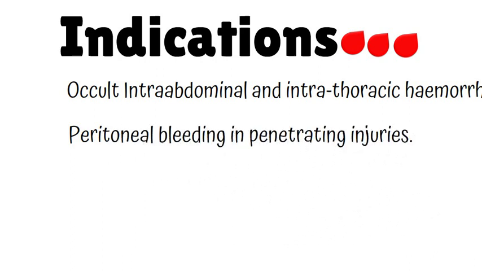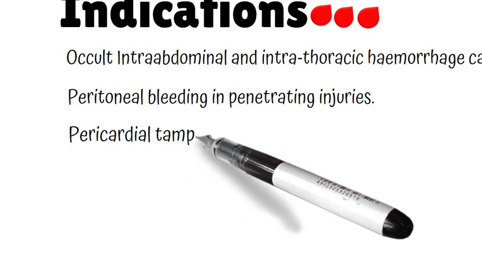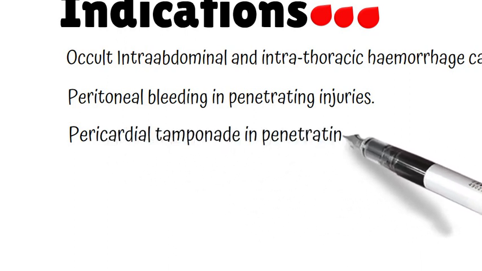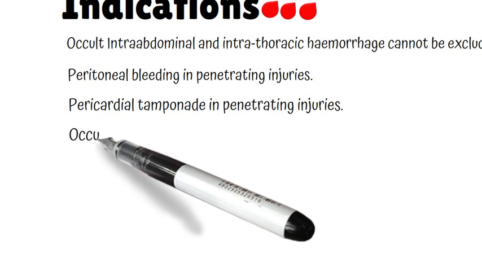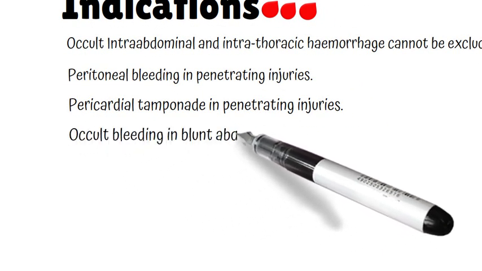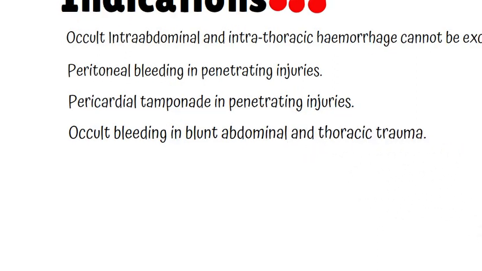Examples would include peritoneal bleeding in penetrating injuries, pericardial tamponade in penetrating injuries, occult bleeding in abdominal and thoracic trauma, pneumothorax or hemothorax.